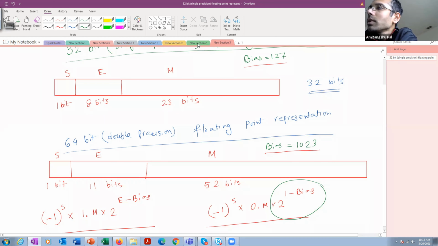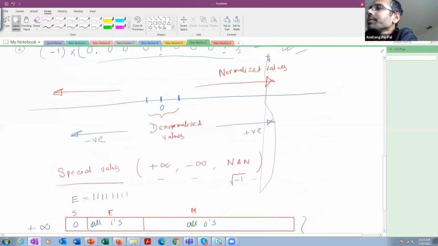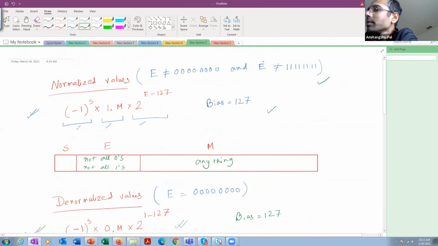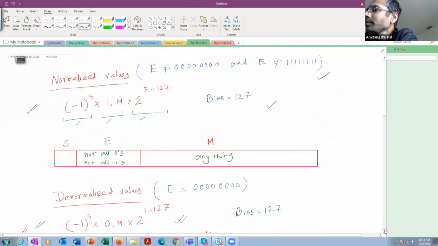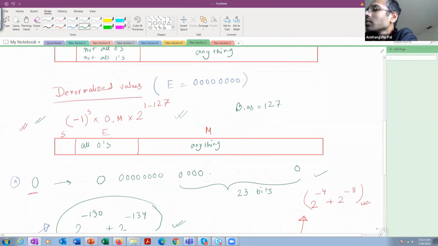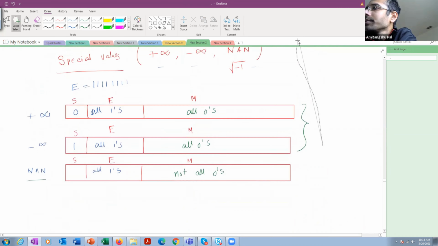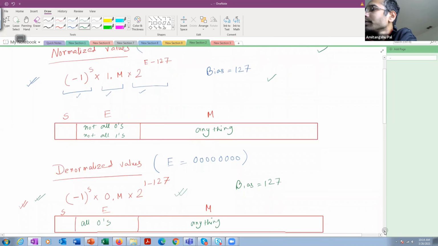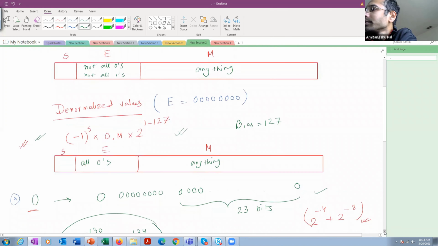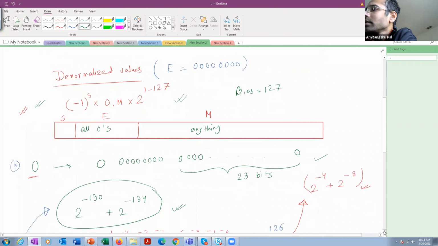We have seen that with 32-bit representation, we can represent numbers like 2^-130, 2^-134.